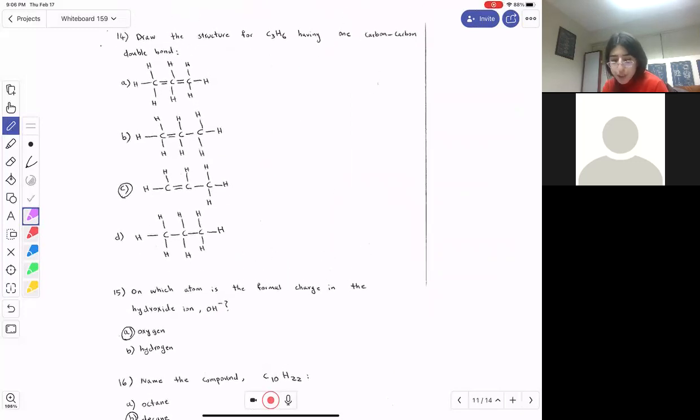Draw the structure for C3H6 having 1 carbon double bond. So we write the number of hydrogens. As you see, here 1, 2, 3, 4. Maximum carbon can have 4 bonds.